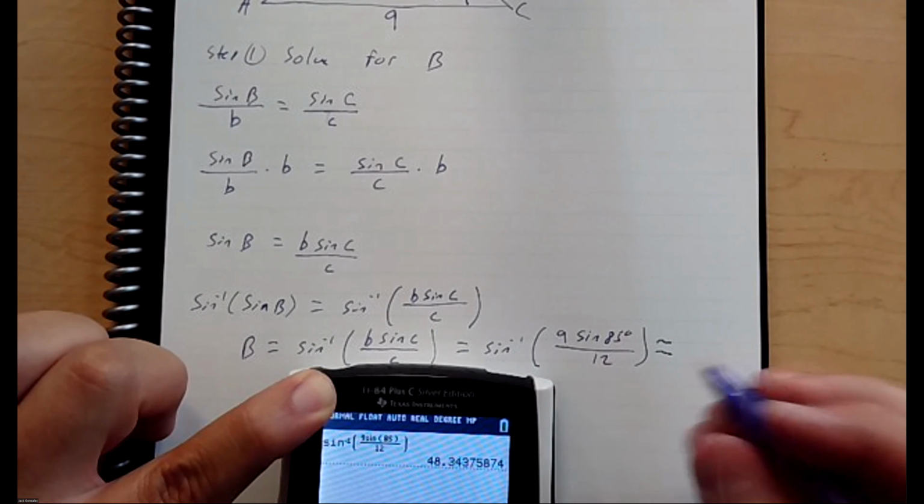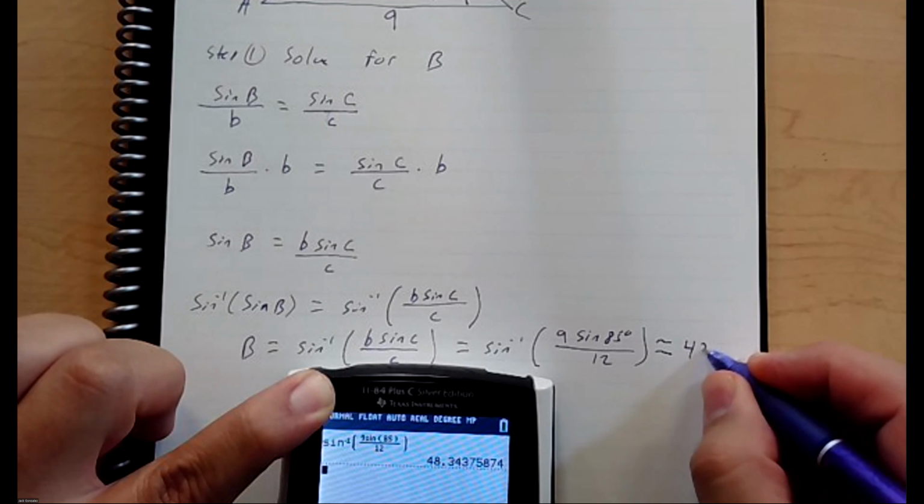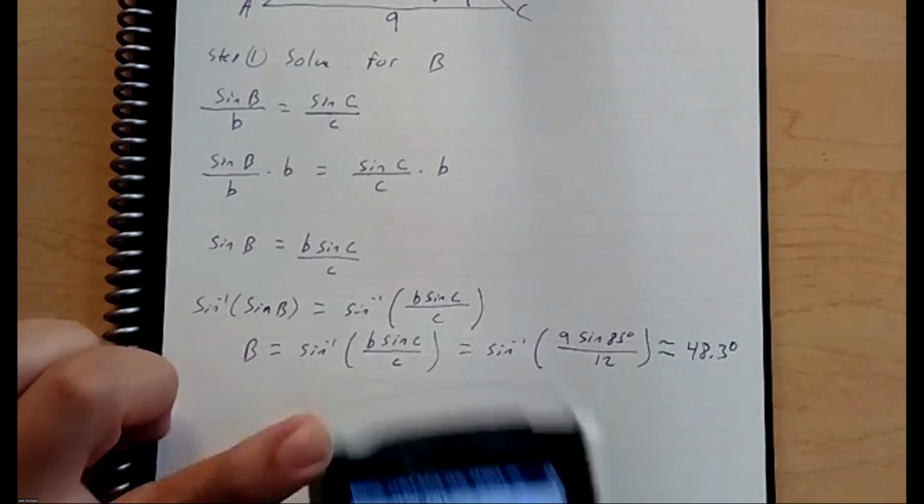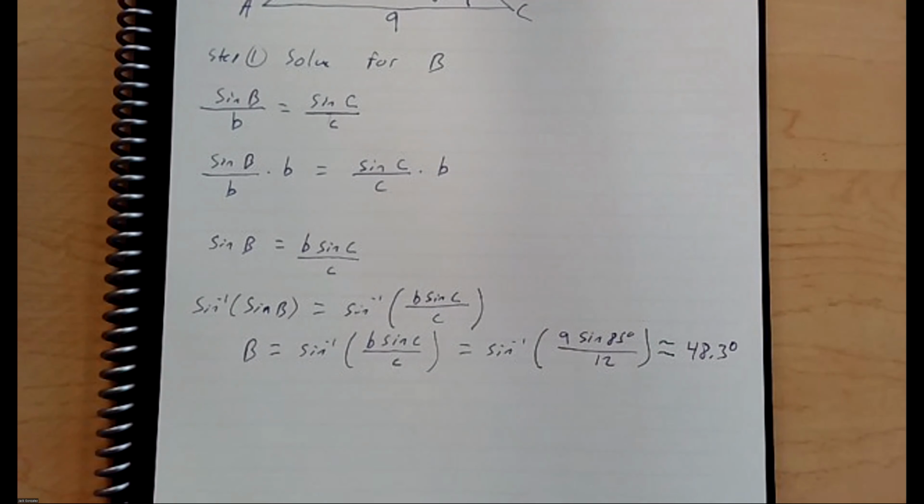Looks like 48.3. I recommend for this entire chapter to use degrees. You don't have to, but it's a little easier to deal with. It's up to you though. The homework in the book, I think, is going to have examples in degrees.